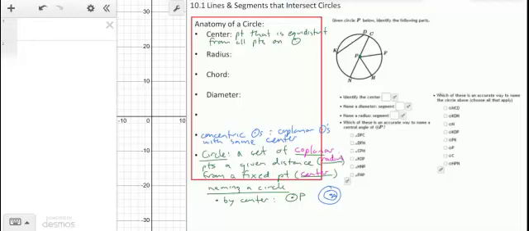All right, come back up and we'll finish talking about these definitions. So a radius is going to be a segment whose endpoints are both the center and a point on the circle.